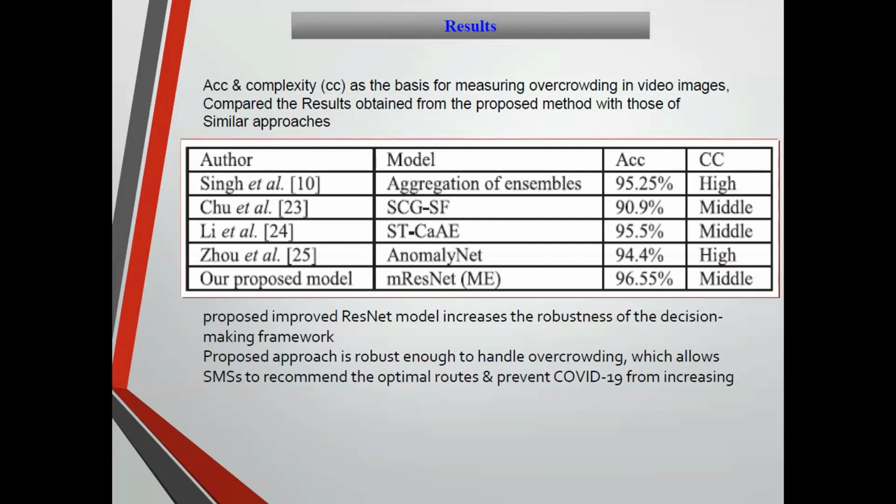Your proposed improved ResNet model increases the robustness of the decision-making framework, and the proposed approach is robust enough to handle the overcrowding scenario. This allows the social monitoring systems to recommend optimal routes and prevent COVID-19 from increasing. That's why the term social monitoring schemes is mentioned here.